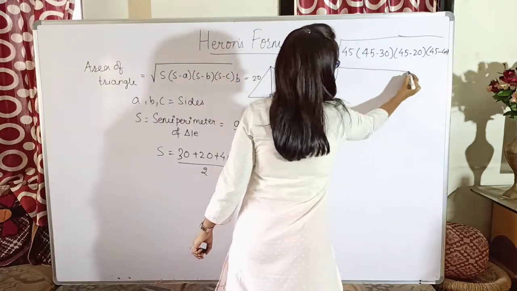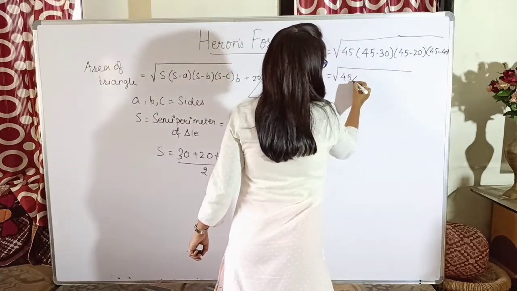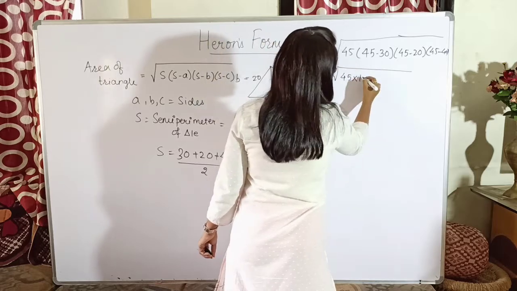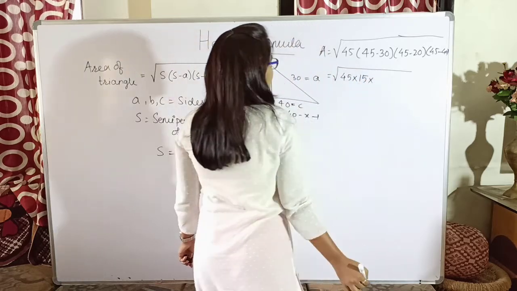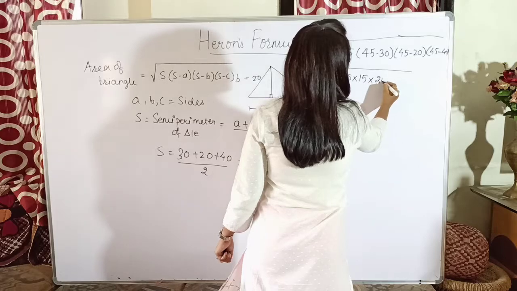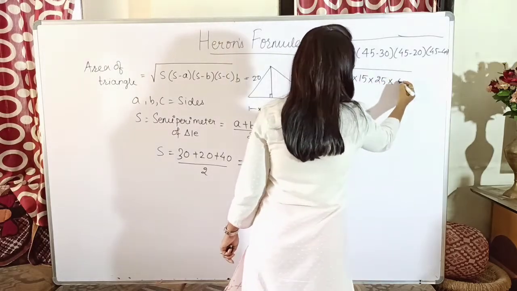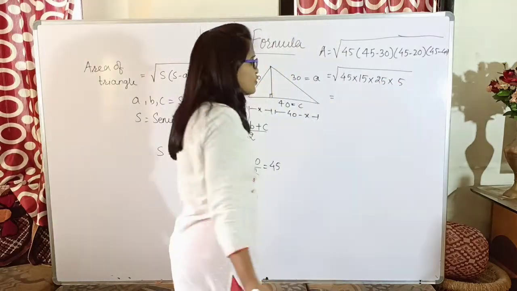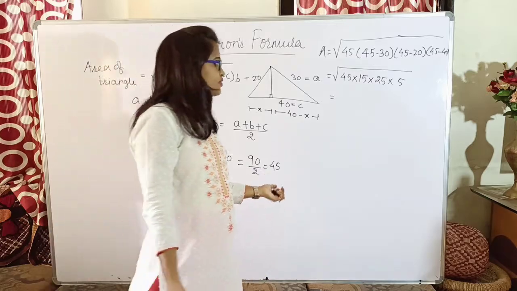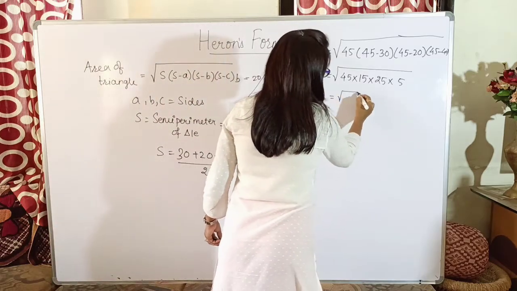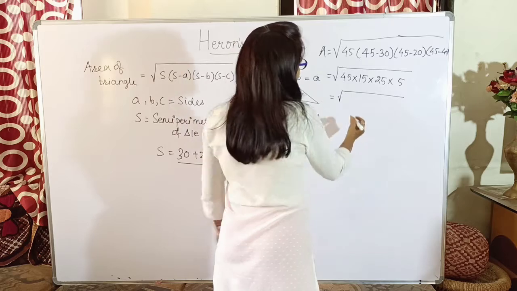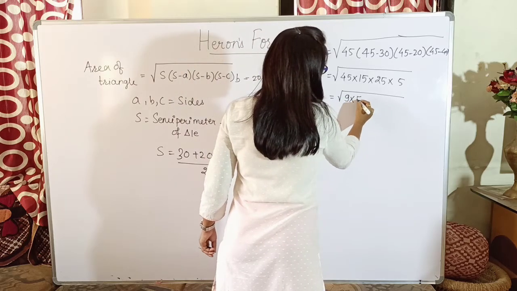Let us simplify. So 45 into, what is 45 minus 30? It is 15. 45 minus 20 is 25, and 45 minus 40 is 5. So whatever square root you can take outside the bracket, you can take. So 45 could be written as 9 5s are 45.